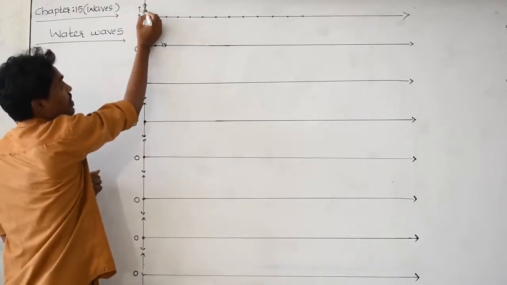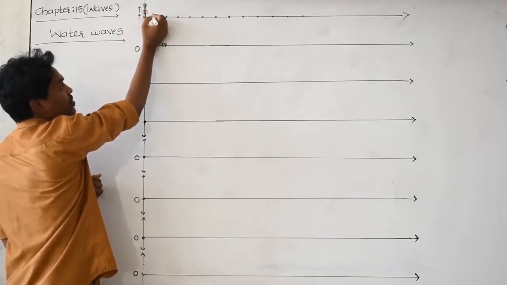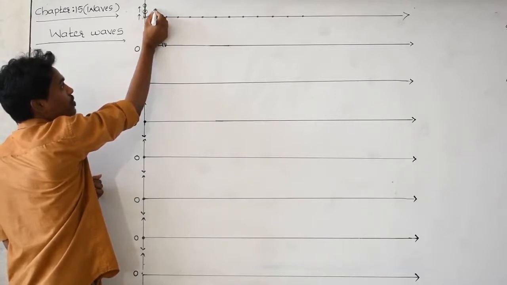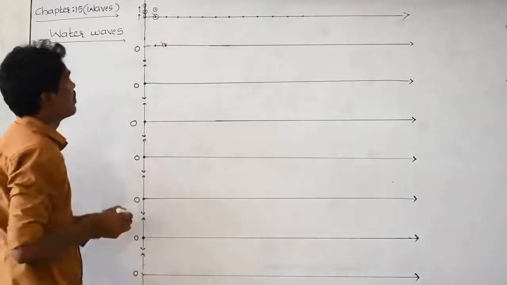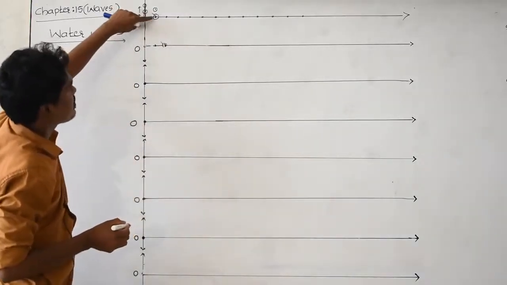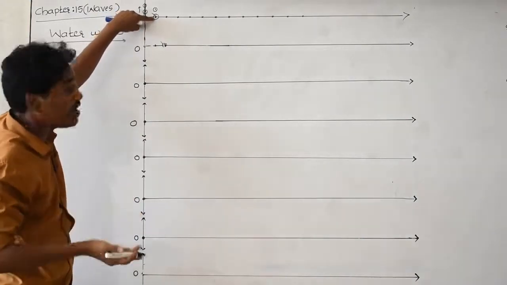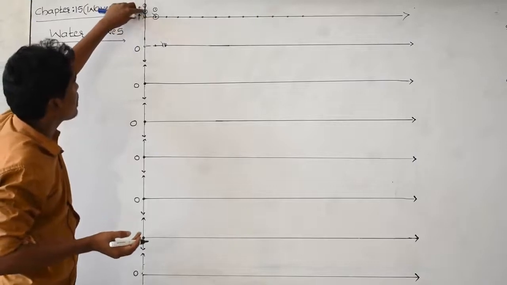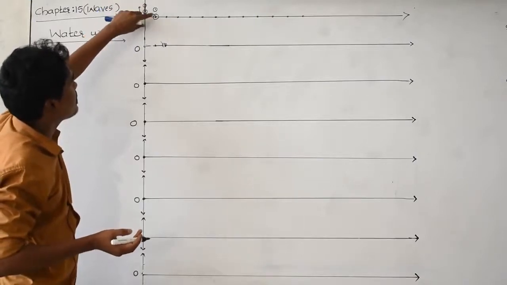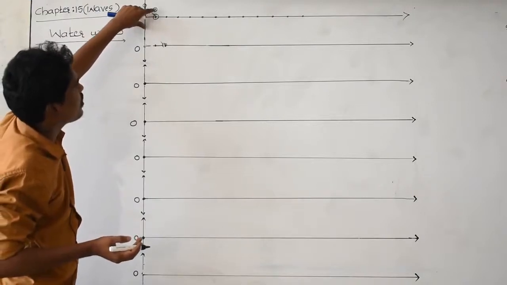By the time it goes from this point to this point, the disturbance reaches the second particle, and it moves to this point. When the first particle moves from this point to this point, the disturbance has already reached the second one, and it moves to this point.